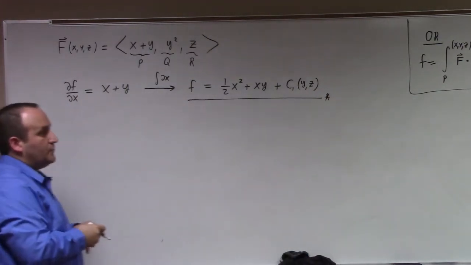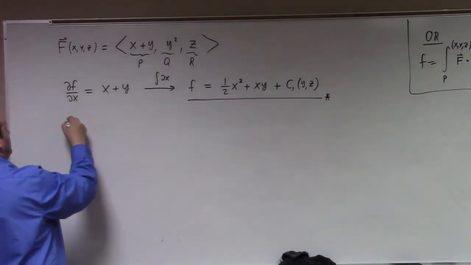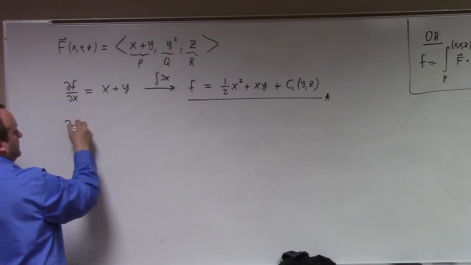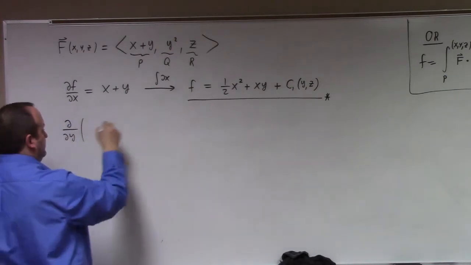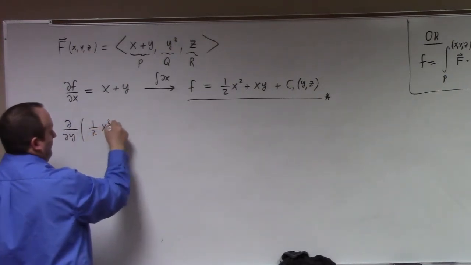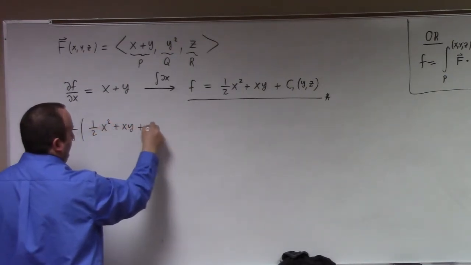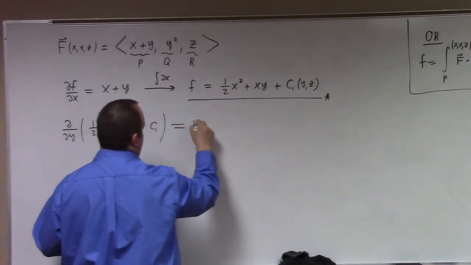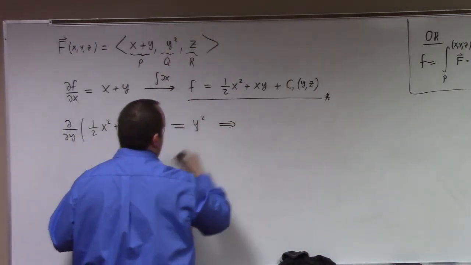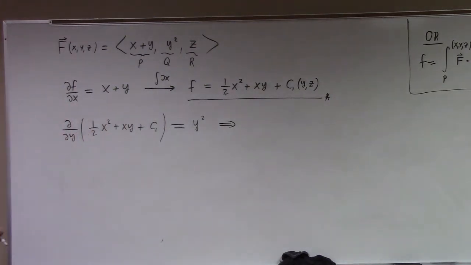Okay. Now, next step, we do partial y of that, which is equal to what? Well, y squared, yeah? So what's that tell me? Partial y of 1/2 x squared is 0.